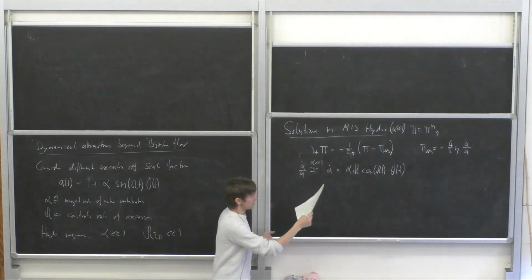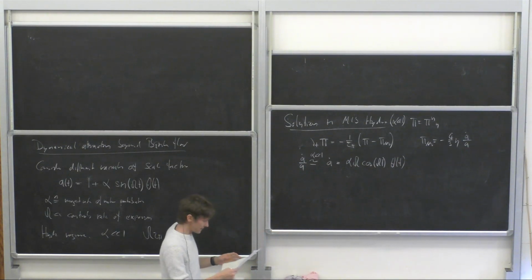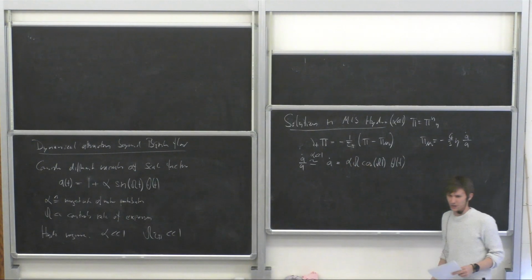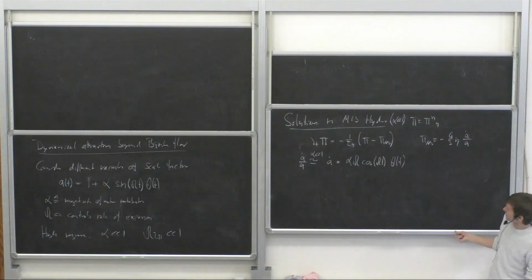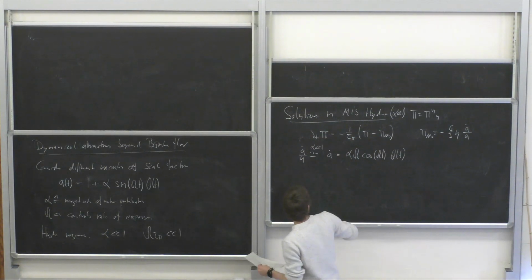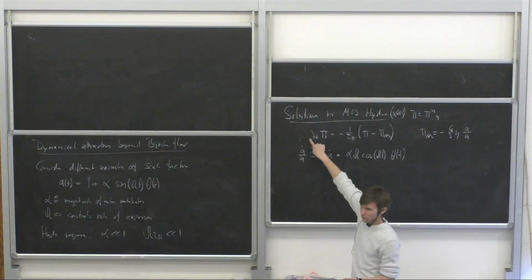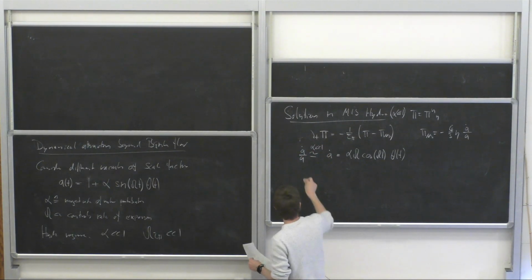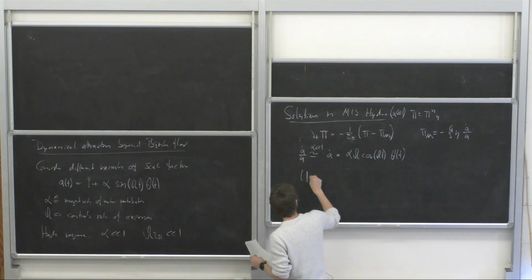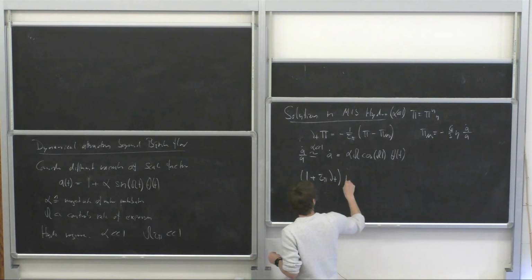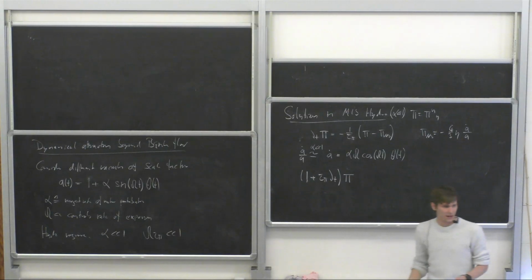So let's plug this in, and for convenience, I'm going to multiply the equation by tau pi, then things look a little bit nicer behaved. I also bring this over, then I have pi plus tau pi dt. This I can write as 1 plus tau pi and the partial time derivative acting on my stress.